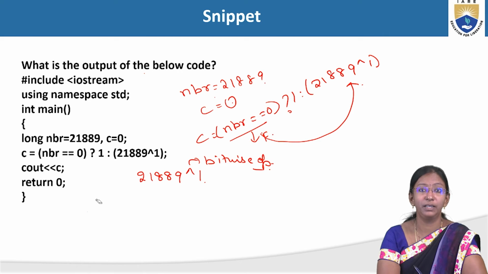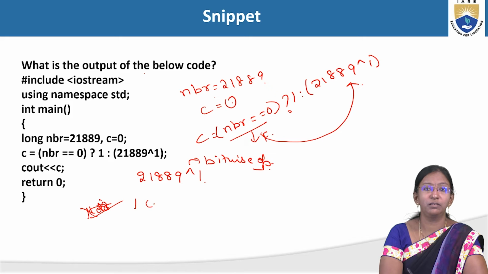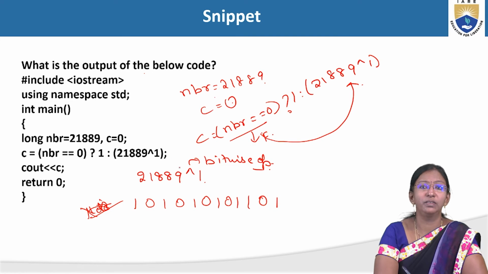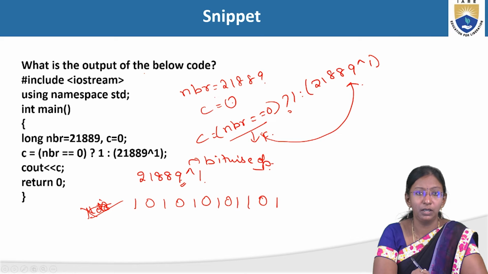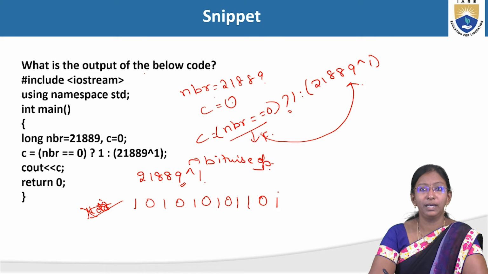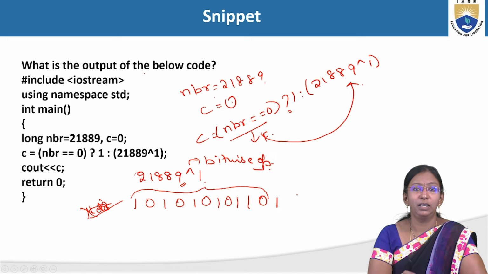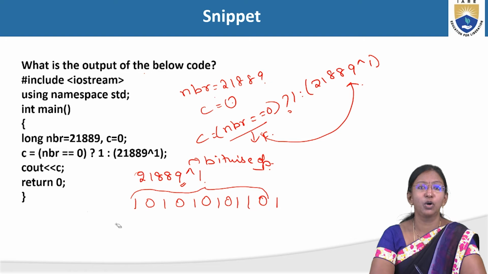Let me write it clearly: it may be a combination of 1s and 0s ending in 1, because it is an odd number. 9 is odd, so 21889 is odd, and for an odd number the LSB will always be 1. I'm not sure about all the binary values, but I'm damn sure about the least significant bit, which is 1.